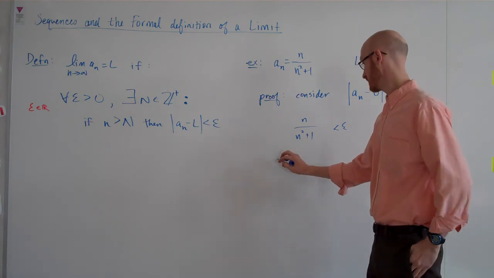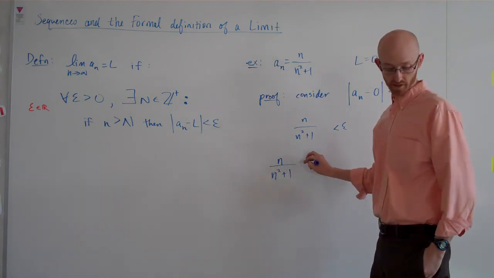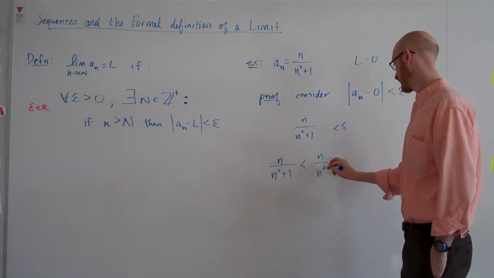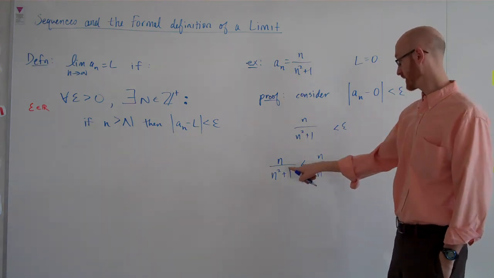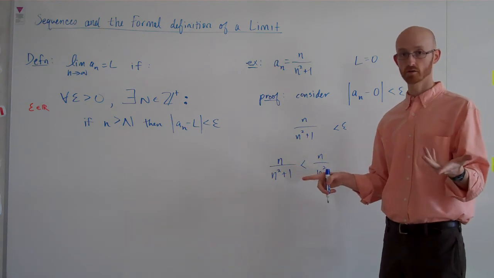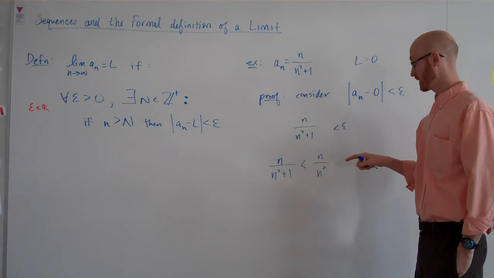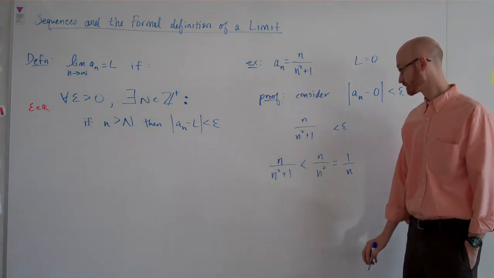So side note here, n over n squared plus 1 is smaller than n over n squared. If you're wondering why that's the case, well, if a denominator gets bigger, then the fraction is necessarily smaller, given that everything is positive. And n over n squared is equal to, of course, 1 over n.